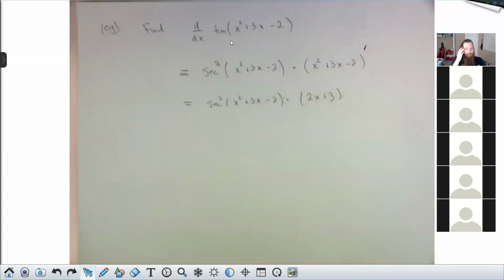And that's it. So you can combine this rule with the quotient rule, with the product rule, with all of our trig derivatives, and these can get pretty gnarly. You now have the tools you need to learn how to differentiate pretty much any function.